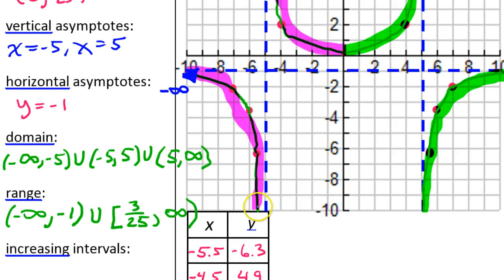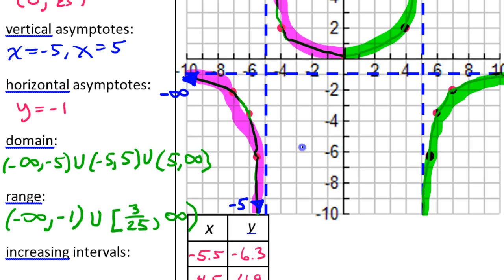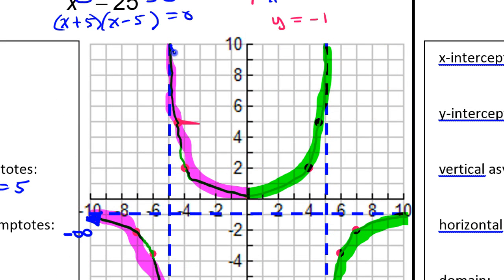Okay, looking at this end of the branch, this is not going to be negative infinity. The x value is the asymptote. It is negative 5. Okay. Similarly, this arrow I'm about to draw right here, again, the x value is at the asymptote. So again, this is at negative 5.